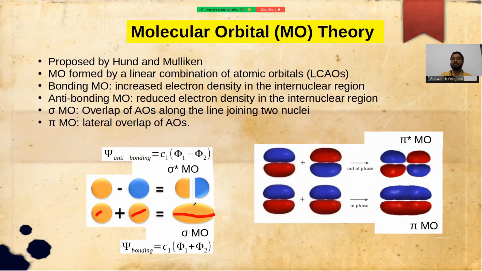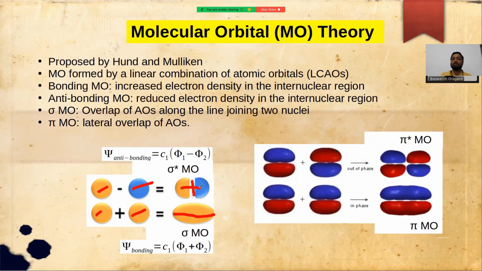Here the electron density is increased. So this increased electron density is responsible for the bonding in the molecule. So this kind of orbital is called a bonding molecular orbital. If the positive lobe of one orbital overlaps with the negative lobe of another orbital, this results in destructive interference and there is no electron density in the region shown.